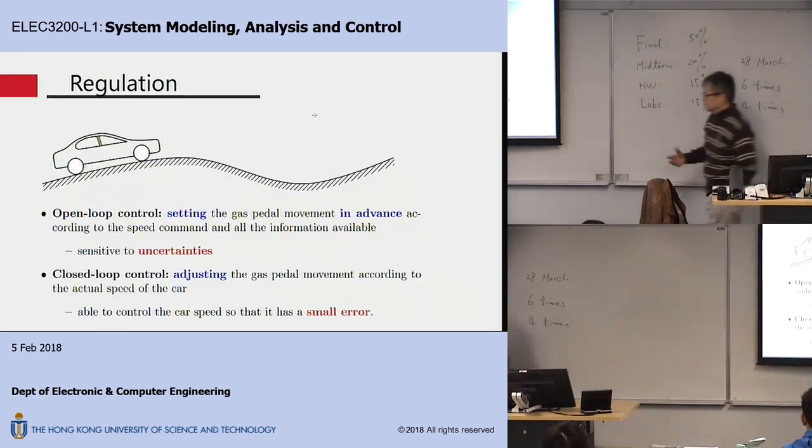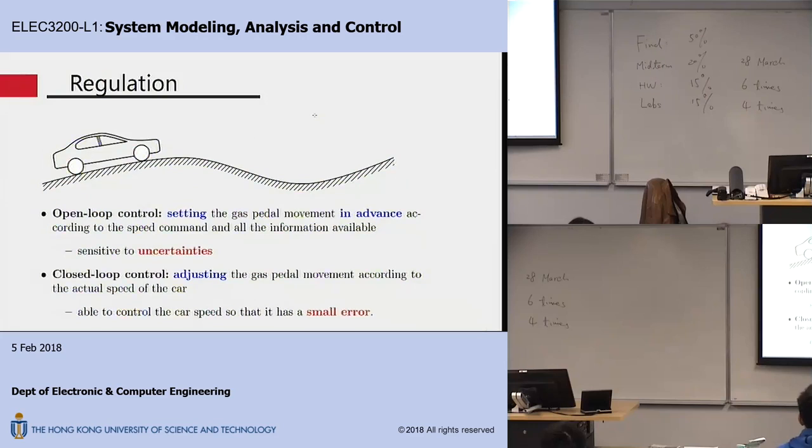Again, you can feel open loop control is not going to work well. You cannot set your pedal position or movement in advance. So you have to make adjustments according to the actual speed.